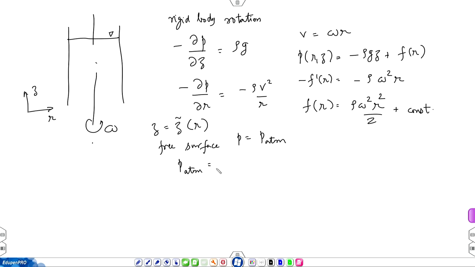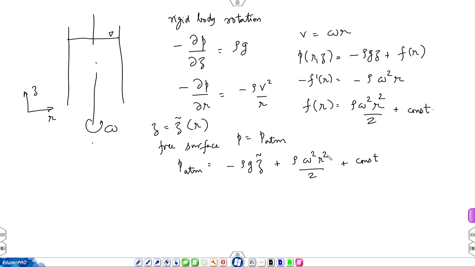So, P atmospheric is equal to minus rho g z plus rho omega square r square over 2. So, this is z tilde plus constant.